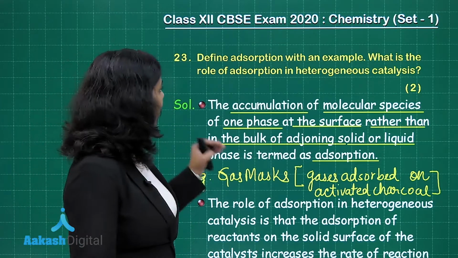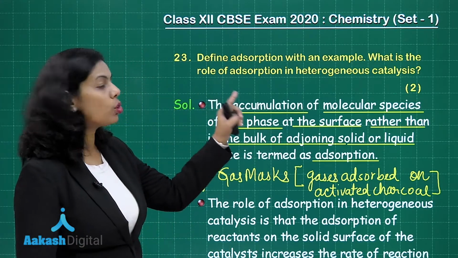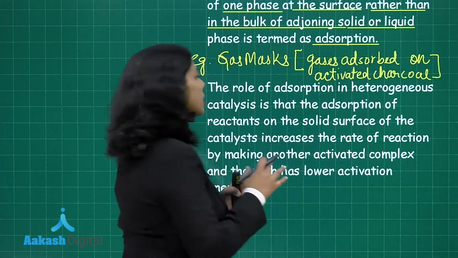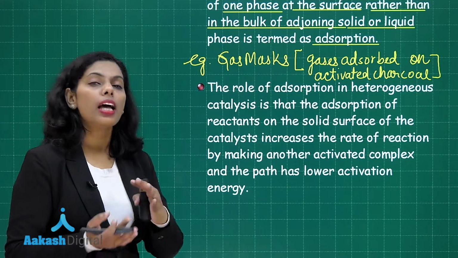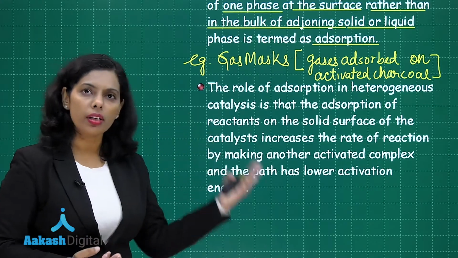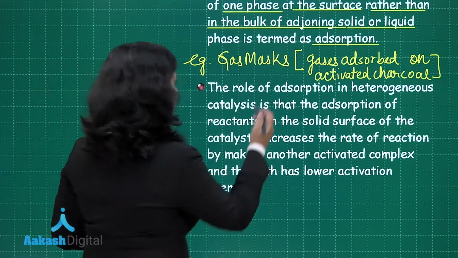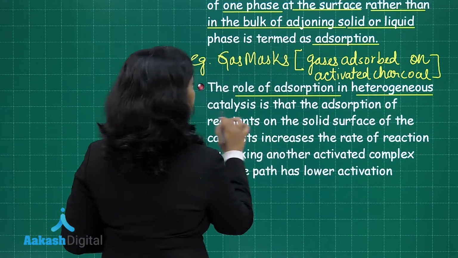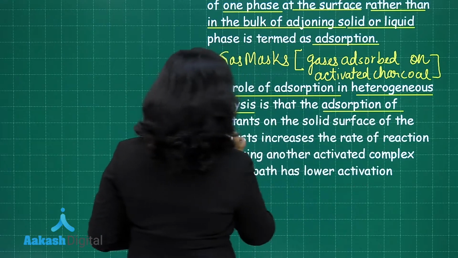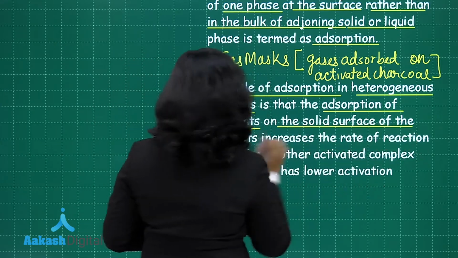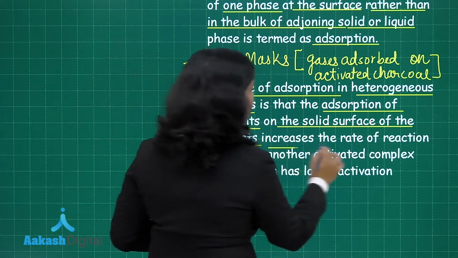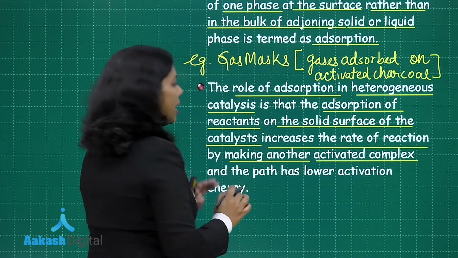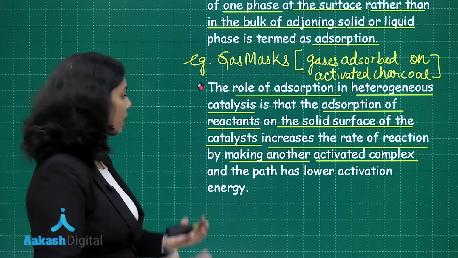Further, the next part is what is the role of adsorption in heterogeneous catalysis. So simply you can answer: heterogeneous catalysis involves a different phase of the catalyst as compared to the phase of the reactant or the product. So the role of adsorption in heterogeneous catalysis is that the adsorption of reactants on the solid surface of the catalyst increases the rate of reaction by forming another activated complex, and that basically lowers the activation energy.